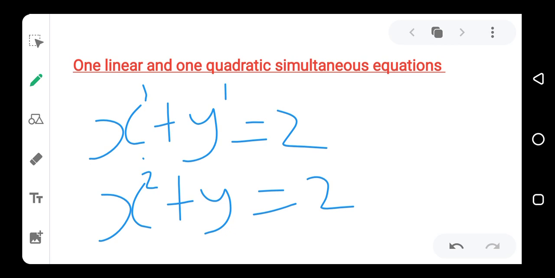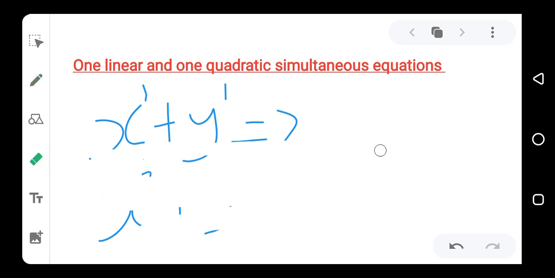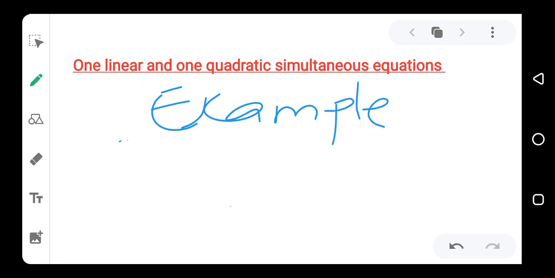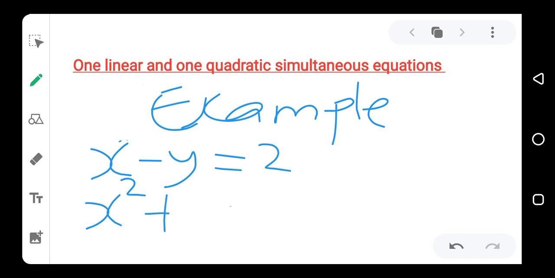For example, now looking at this, we have two equations here.